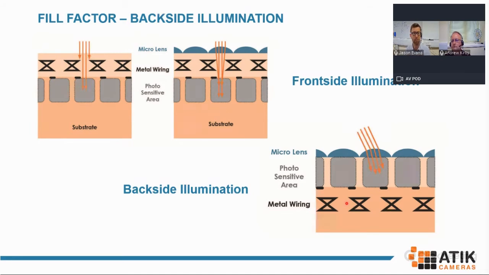This overflowing can cause a number of different artifacts on an image, be that blooming, where it spills out into other pixels, or you might have smears or streaks where you get a bright line coming down your image. So it's important to understand the impact of full well depth, especially depending on what type of imaging you're doing.